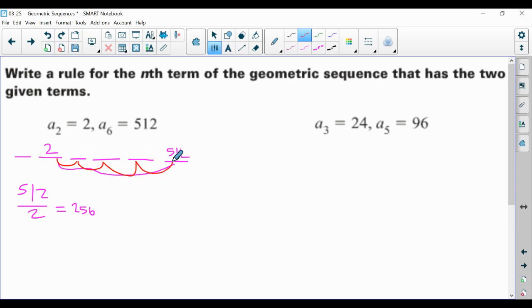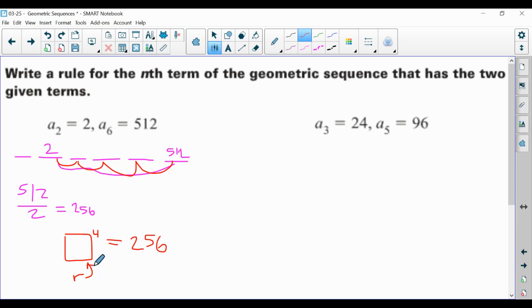I'm multiplying some number by itself 4 times to get 256. So there's some number raised to the 4th power that gives me 256. If I can figure out what that number is, then that is my r, my common ratio.